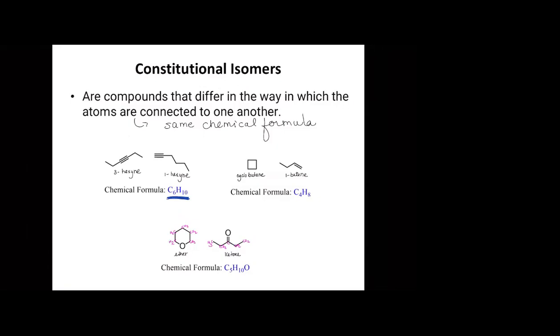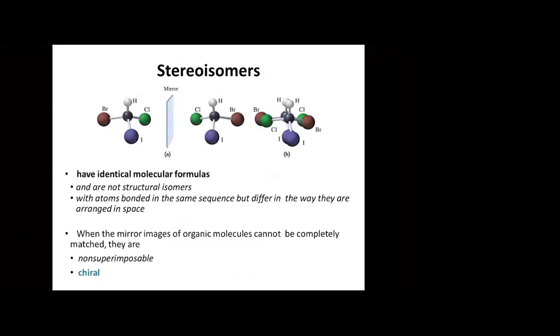Let's move on to the next family of isomers, which are the stereoisomers. I mentioned that stereoisomers have identical molecular or chemical formulas, but they are not structural isomers because the atoms are bonded in the same sequence. The difference is that they are arranged in space differently.